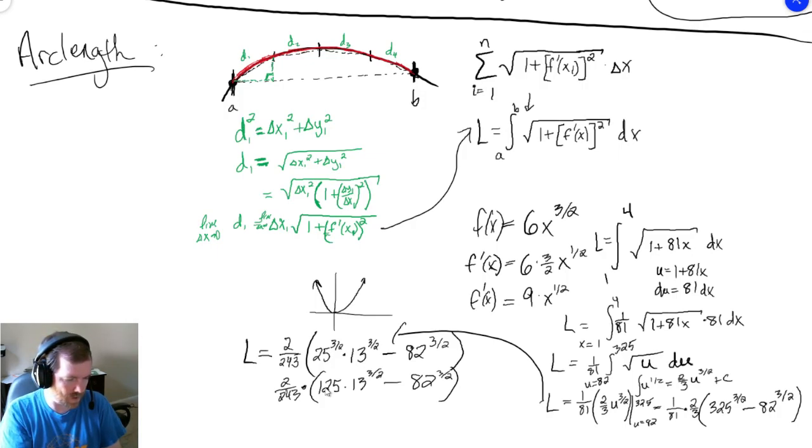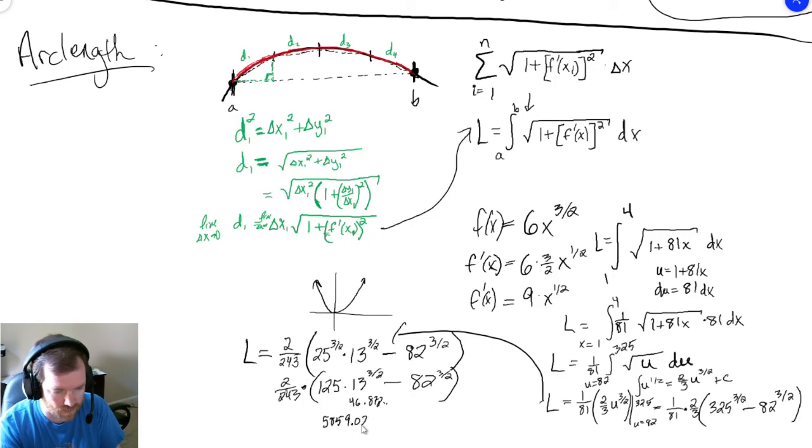So 13 raised to the 1.5 is going to be 26.872, and there's more stuff after that, multiplied by 125 is going to be 5,859.020822.